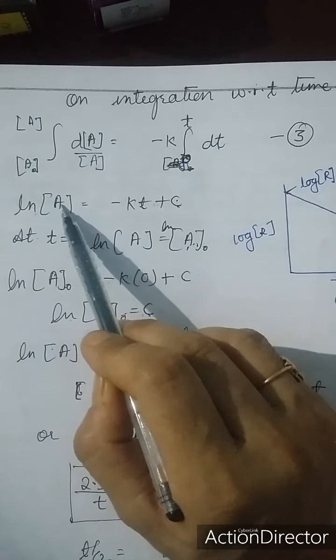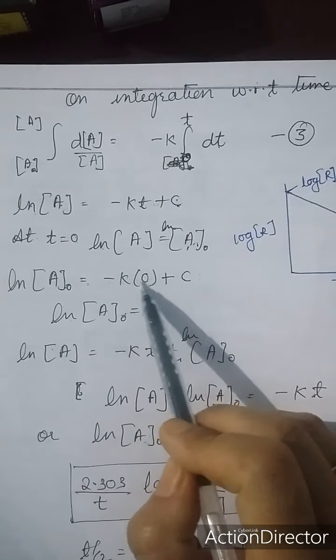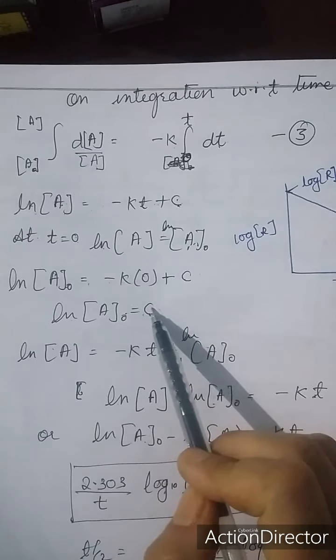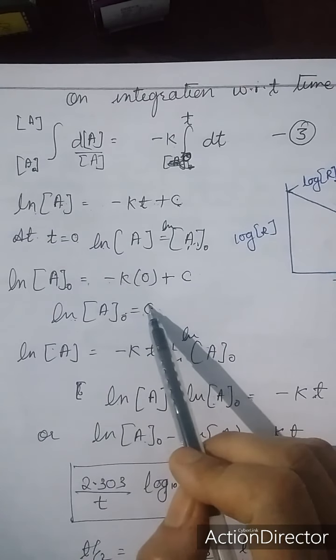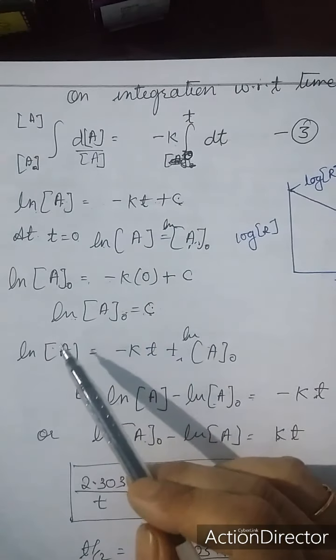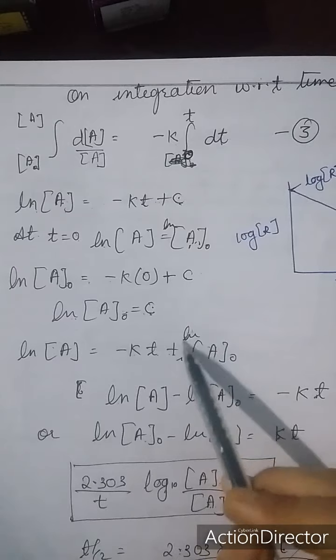So here I will be putting natural log A0 is equal to minus k, t is 0 times 0 plus c. From this we will get the value of c. So this value I will be putting in this equation.